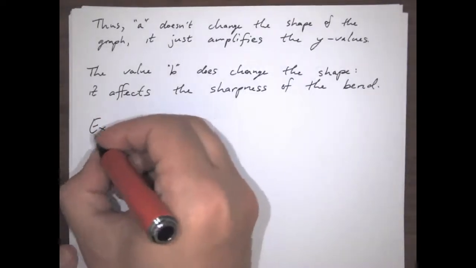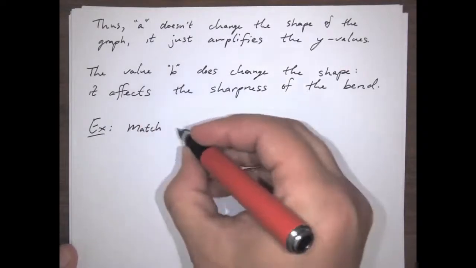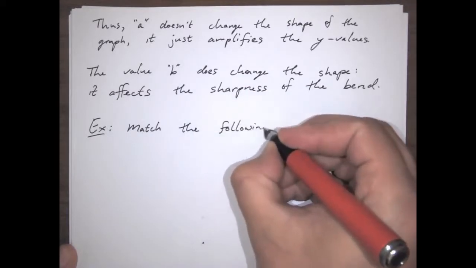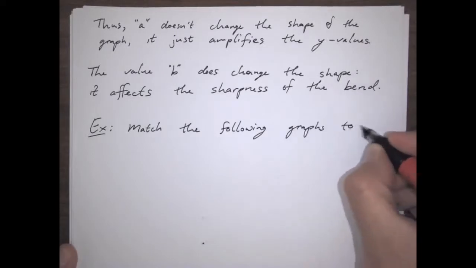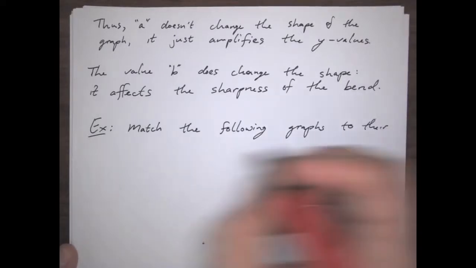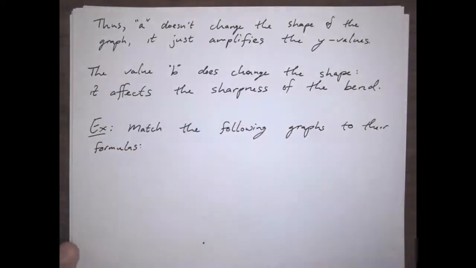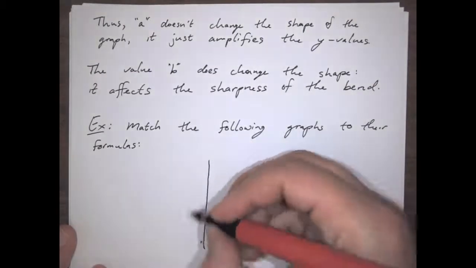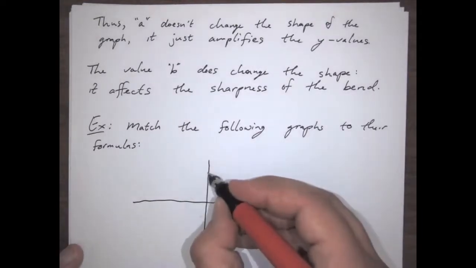Now, an example of the kind of thing that we might have to do is match the following graphs to their formulas. And what this will look like is we'll have a little bouquet of functions, and each graph will tell us some specific information about their values of a and b.